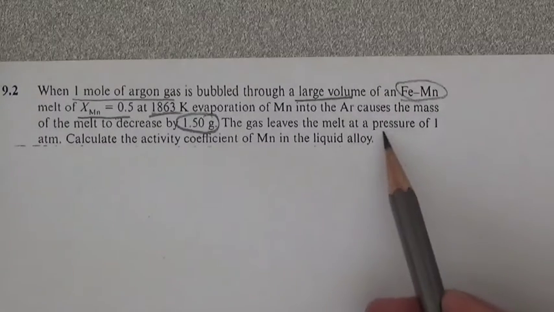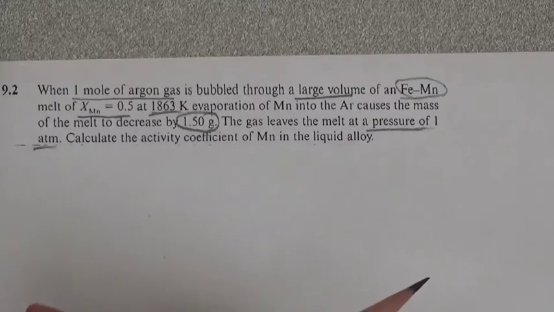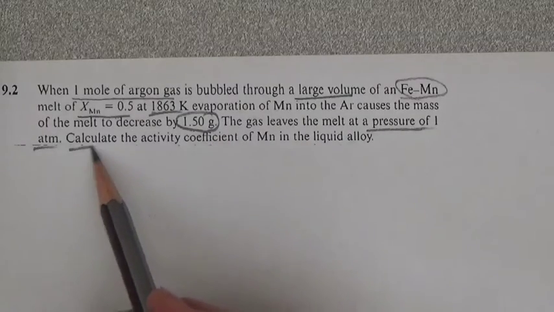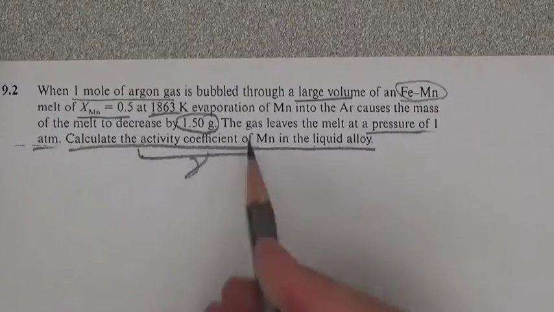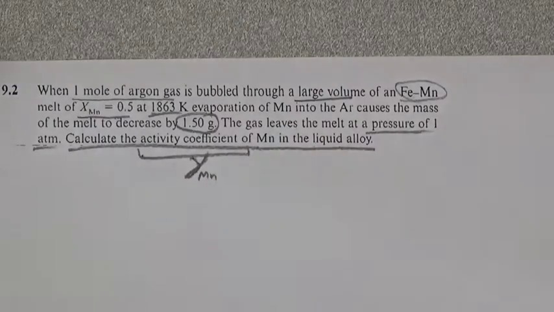And the pressure is 1 atm, the gas leaving. Determine the activity coefficient, gamma, of manganese.